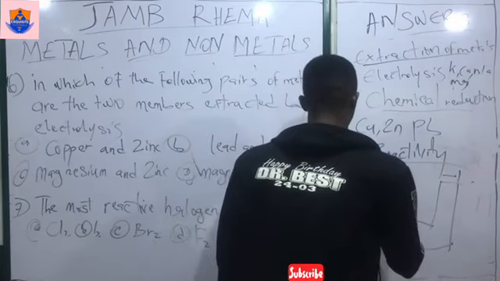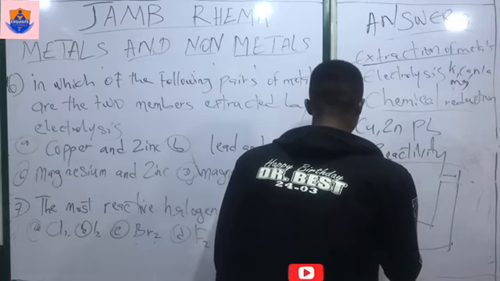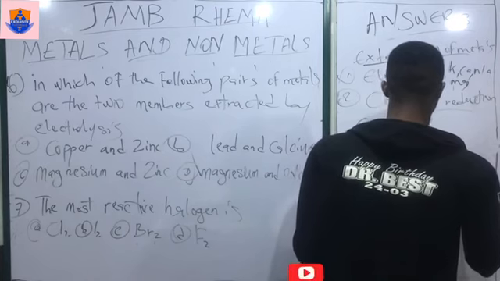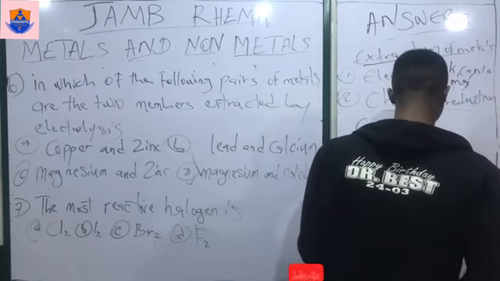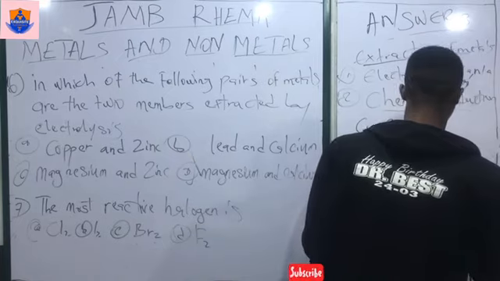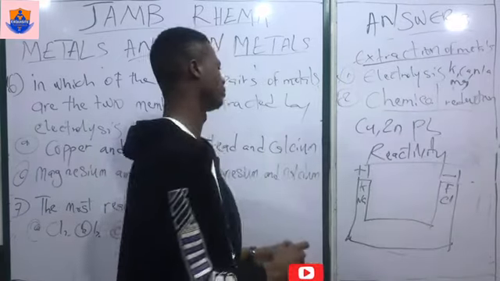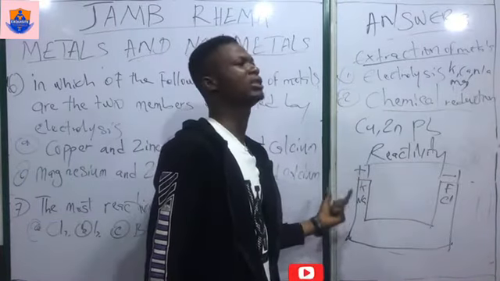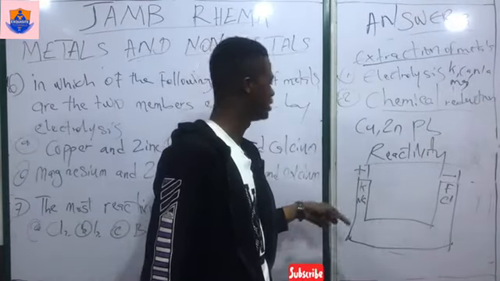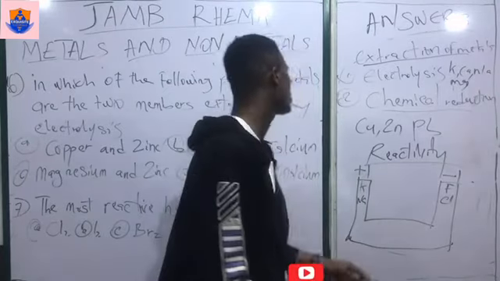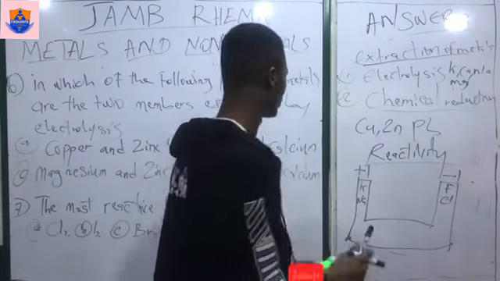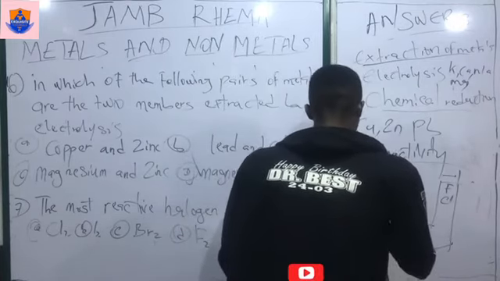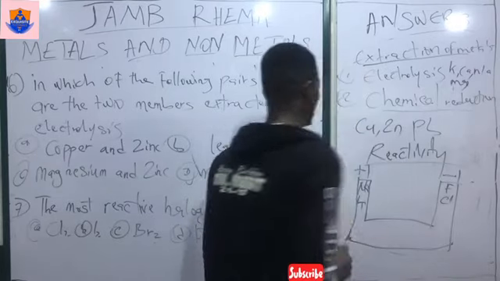We have potassium here, we have sodium, we have fluorine here, we have chlorine here. Now, when it comes to metals, the reactivity increases down the group, which is to say it's sodium before potassium. We have sodium and we have potassium.